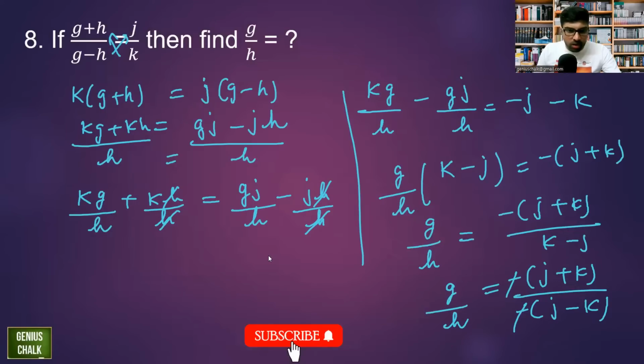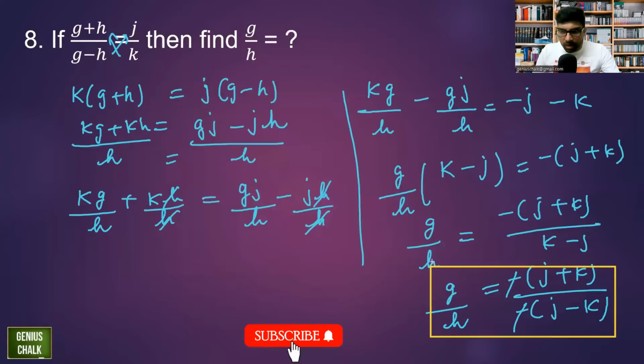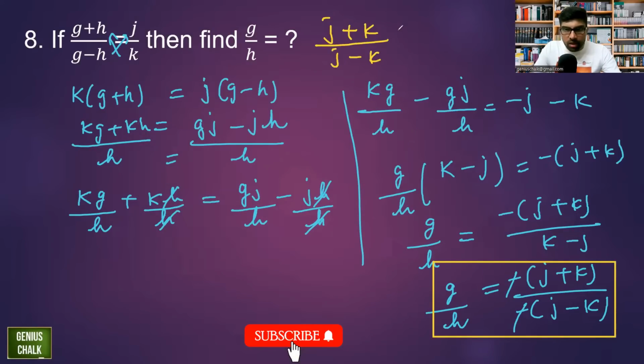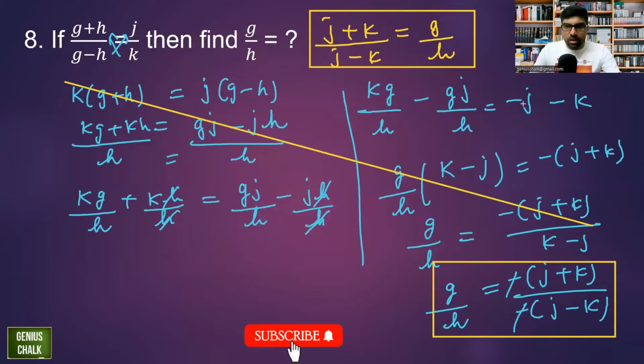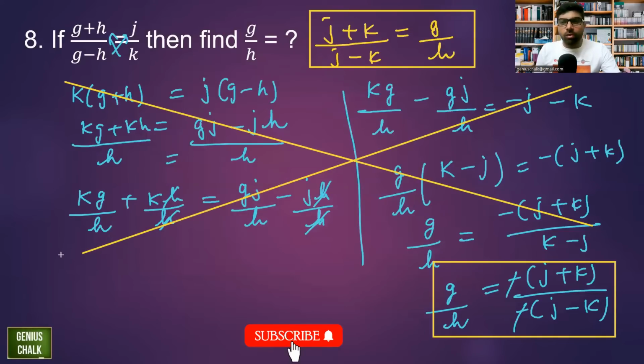G by H is equal to (J plus K) by (J minus K). But guys, you used to solve this method in your school days as well, right? This is a very time consuming method, so I would prefer not to use this method for this type of question.